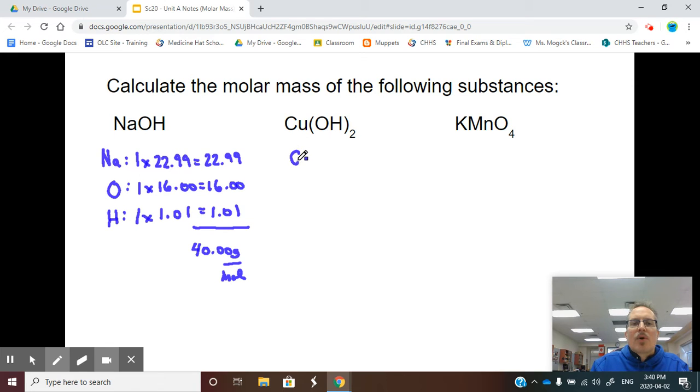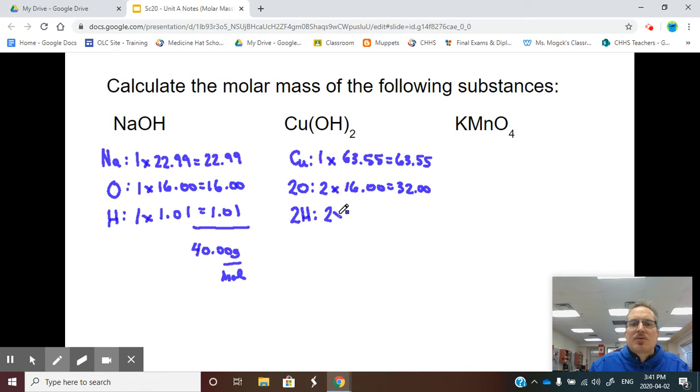We have 1 copper. We have 2 hydroxides, so that's 2 oxygens and 2 hydrogens. So 1 times the value for copper is 63.55. We have 2 oxygens at 16 each, so that's 32.